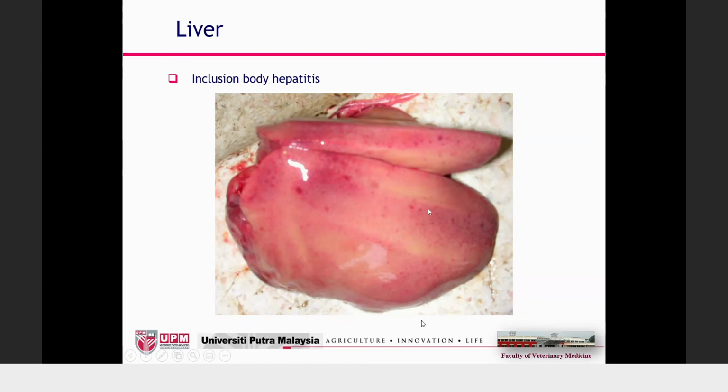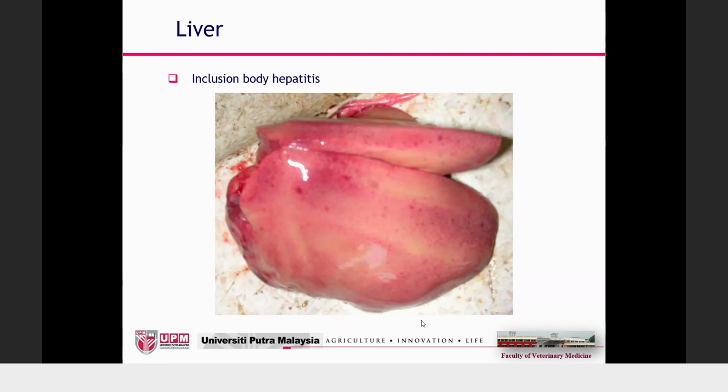You can see here. But in addition to that, you can see also the liver enlarged and they acquired a yellowish color. This yellowish can be two possibilities: jaundice, or it is fatty liver. So we should be careful looking at that, because the tendency is yellowish color is associated with jaundice, from hepatic damage, but another one is associated with fat.